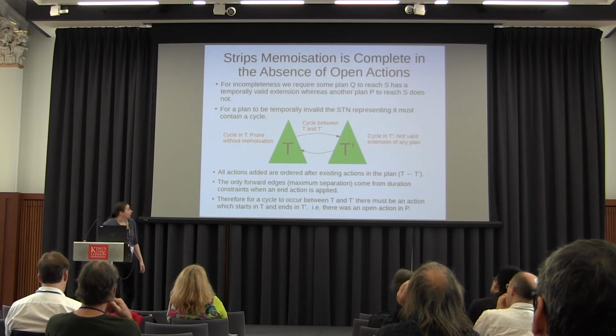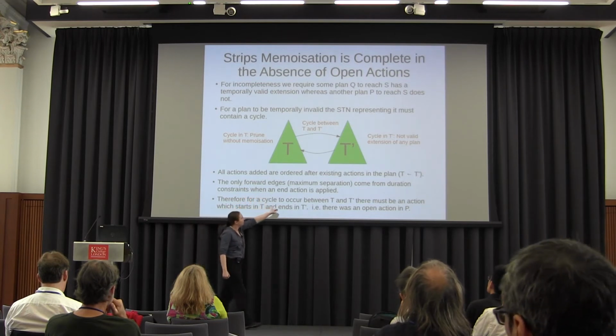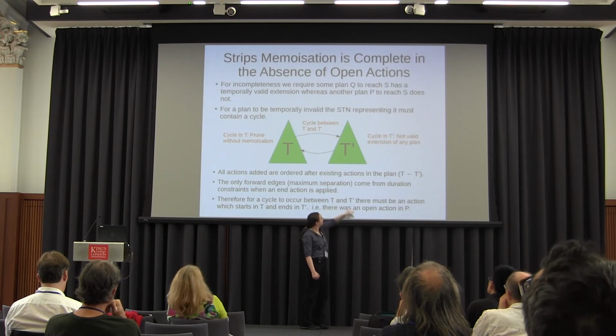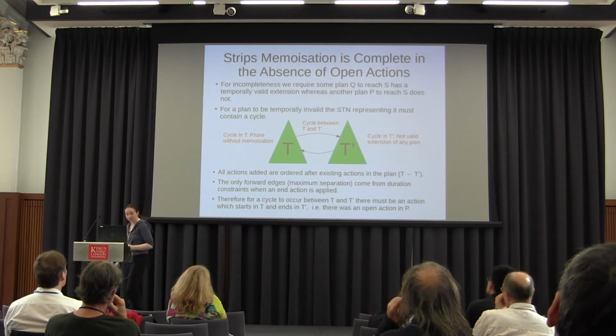Okay. So this is the plan to the state we're considering so far. T is a simple temporal network representing the plan. This is a simple temporal network representing some hypothetical valid extension of that plan.